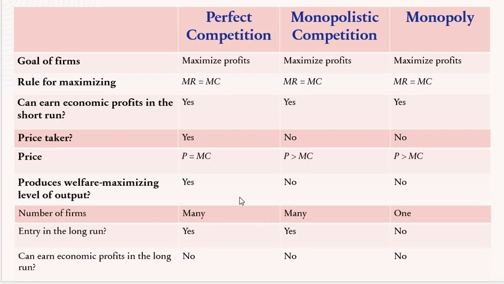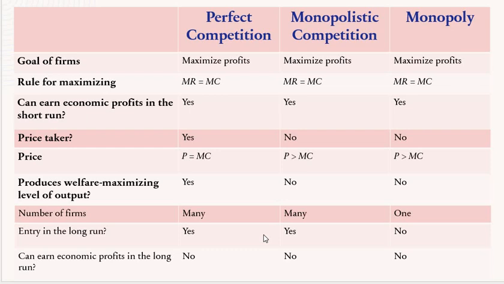But there are also some features that perfect competition and monopolistic competition share, and both are different from a monopoly business, right? Because in these two markets, we both observe a large number of firms, a large number of suppliers, and those suppliers have to compete against each other.